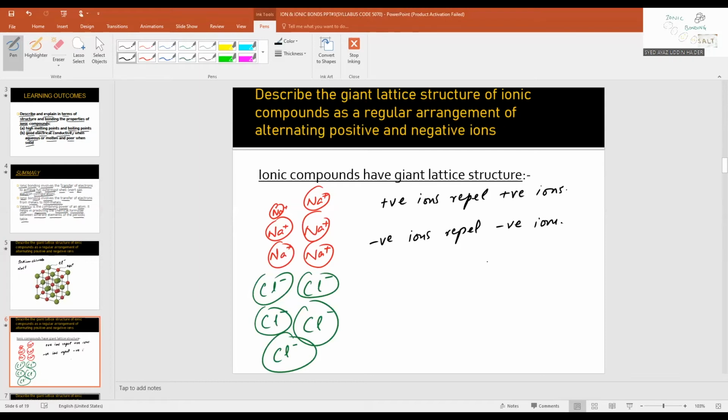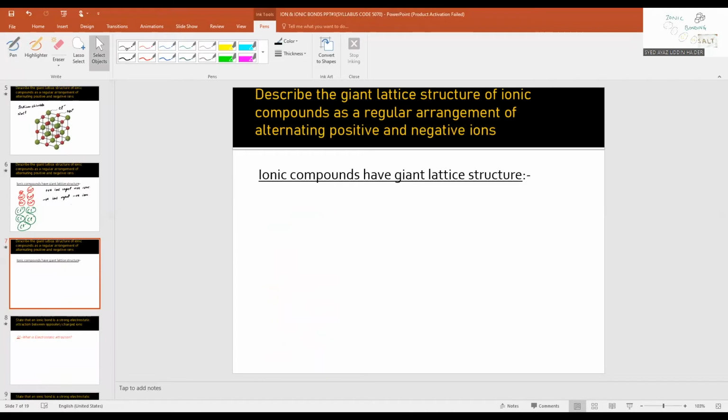In other words, same charge ions repel each other. At the same time, positive ions are attracted to the negative ions and vice versa. Cl negative ion and positive ion, and positive ion. It should be Cl negative, Cl negative.